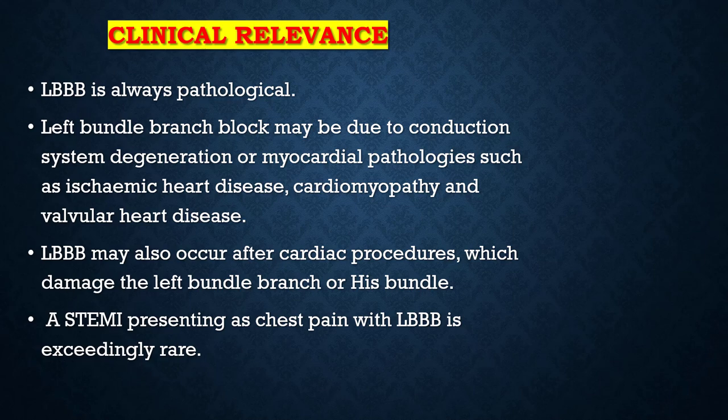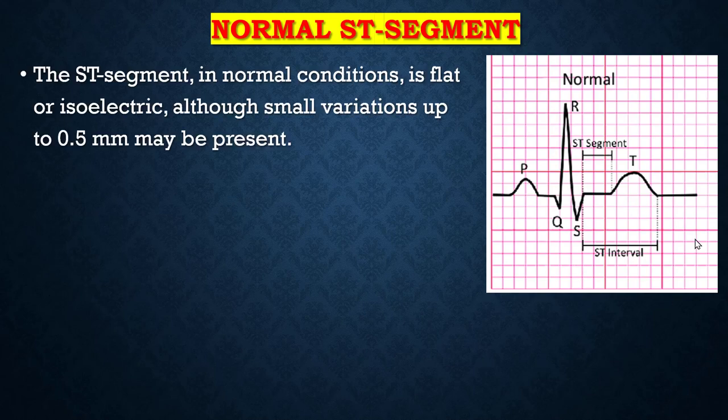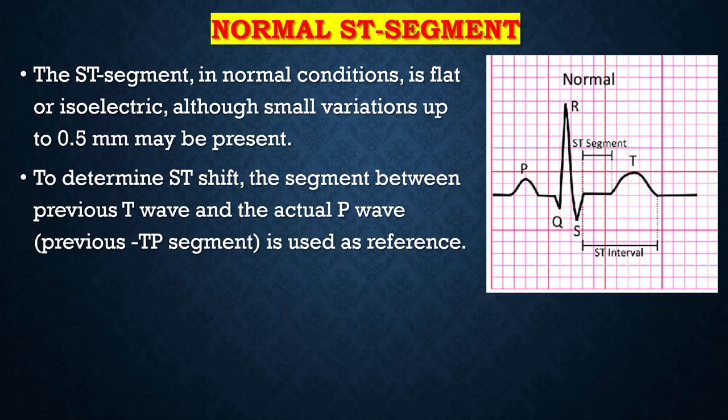Normal ST segment. The ST segment in normal condition is flat or isoelectric, although small variation up to 0.5 millimeter may be present. You can see that the ST segment is flat, and to determine ST shift, the segment between the previous T wave and the actual P wave, the previous TP segment, is used as reference.